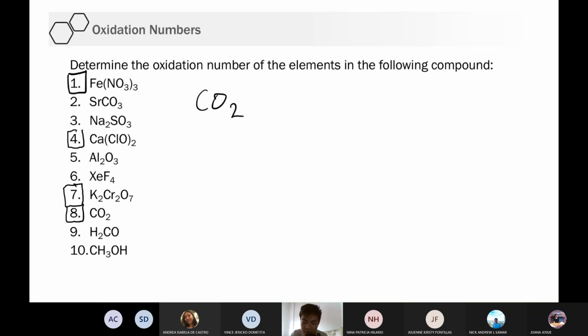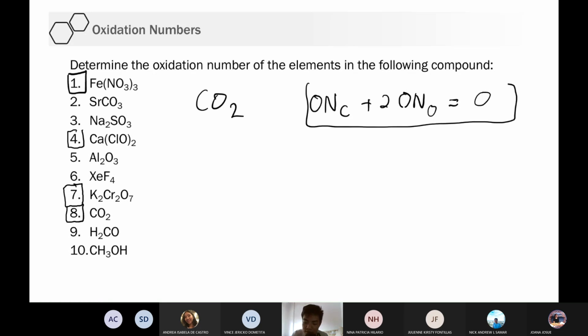Ibig sabihin, you just write this na lang, direkta na. The sum of the oxidation numbers of carbon and oxygen is equal to the charge of the compound, which is 0. Wala kasing nakalagay dito sa top right corner, and pag walang nakalagay doon, 0 yon.